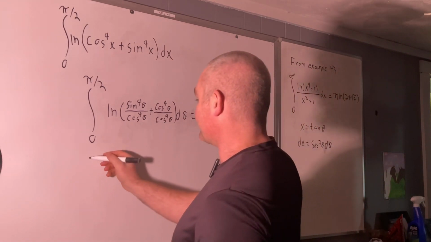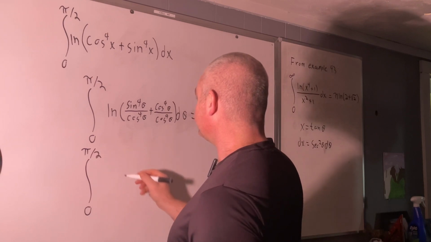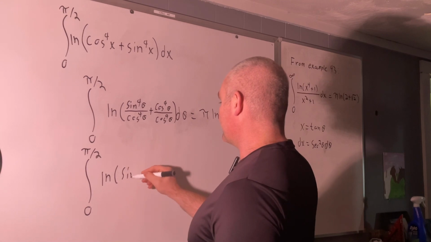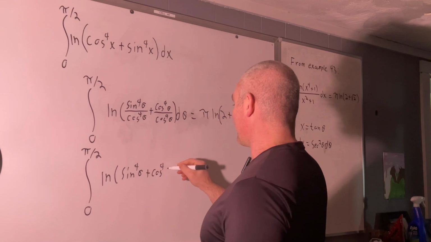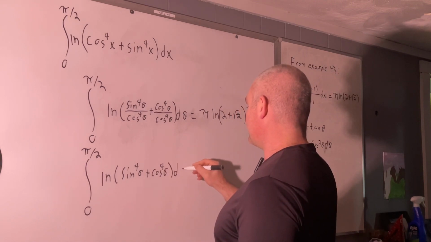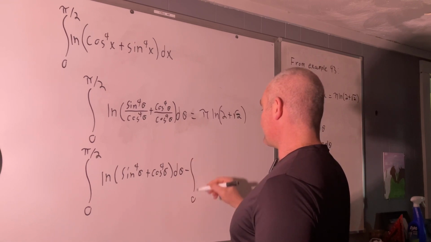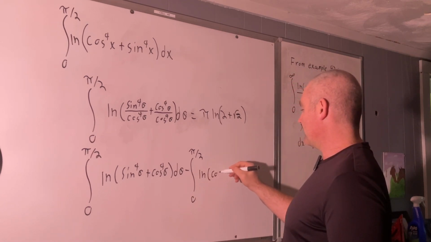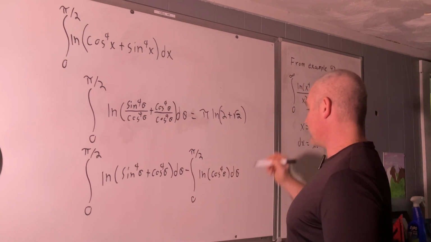So we have the integral from 0 to pi over 2 of the natural log of sine to the fourth theta plus cosine to the fourth theta d theta minus the integral from 0 to pi over 2 of the natural log of cosine to the fourth theta d theta.